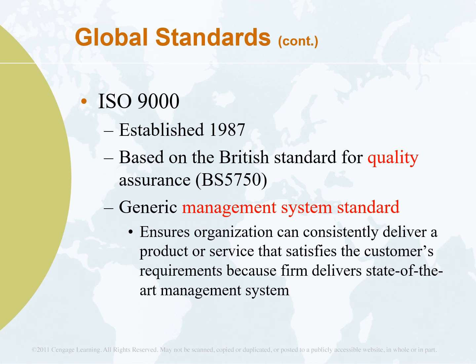If you are certified by ISO 9000, you're basically saying that your company is following the global management system standard. It ensures that the organization can consistently deliver a product or service that satisfies the customer's requirements, because the firm delivers a state-of-the-art management system. You have that ISO 9000 in place.